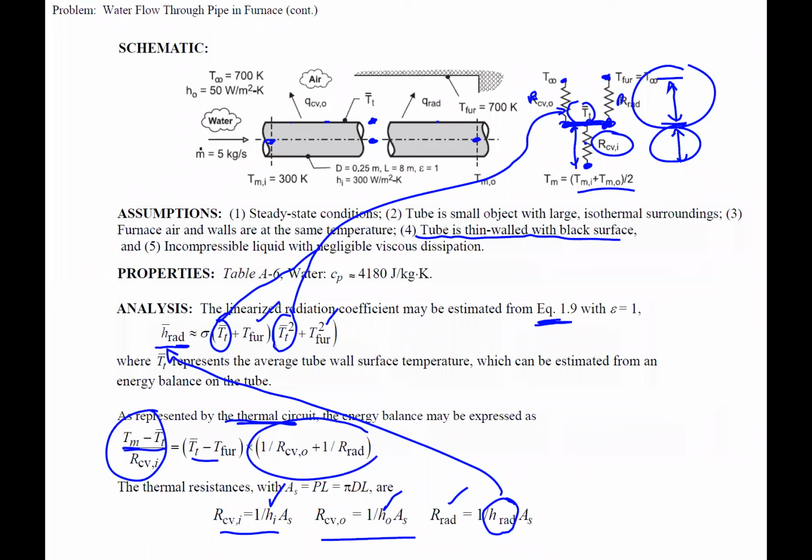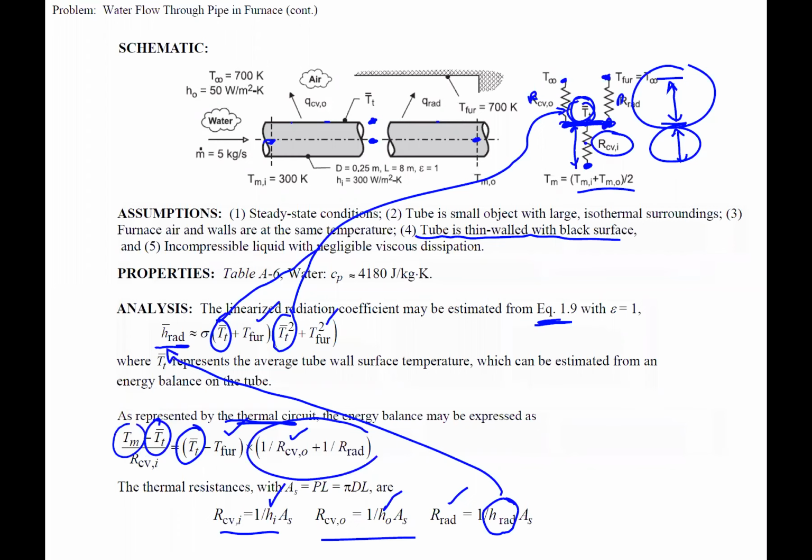That sets up an equation to solve for that tube wall temperature. So that gets us the tube wall temperature. We have the furnace temperature, we have convection resistance, so we have the tube temperature.